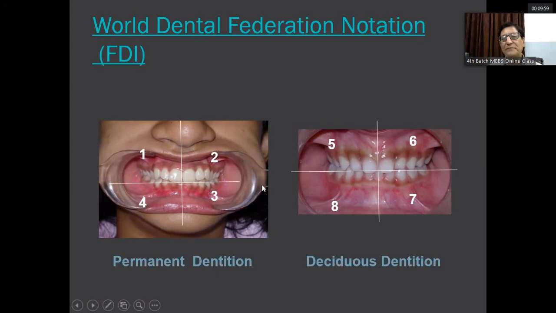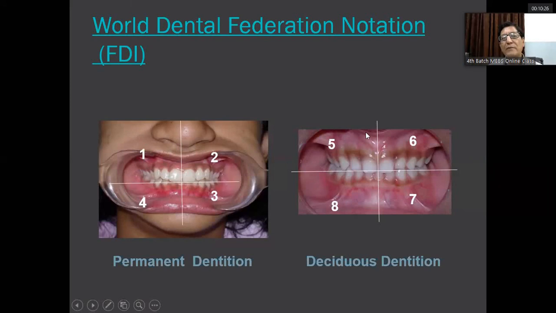While noting it down, we name the quadrants. For the permanent dentition, we name the quadrants as quadrant 1, then going to the left side quadrant 2, then quadrant 3, and then quadrant 4. And when you go to the deciduous dentition, we go above 4, that is quadrant number 5.